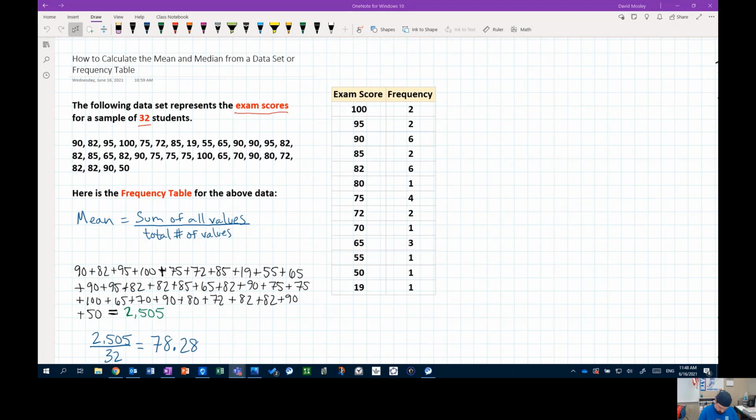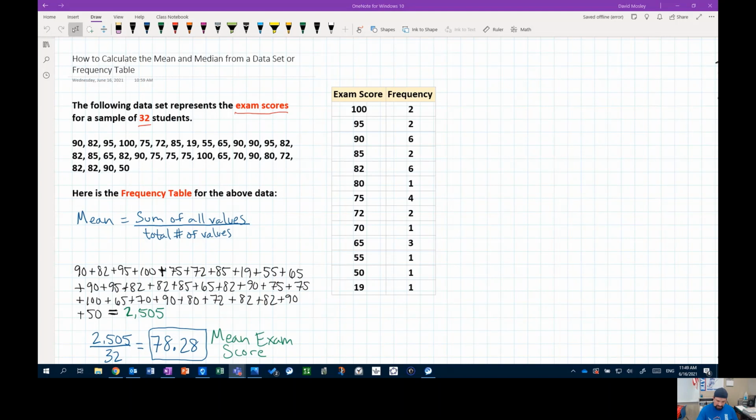This would be the mean score. So that's our mean exam score using the traditional method of just adding everything up and dividing by the number of things you have.